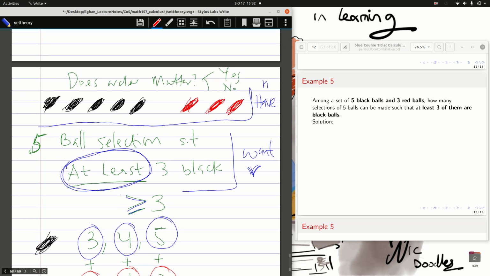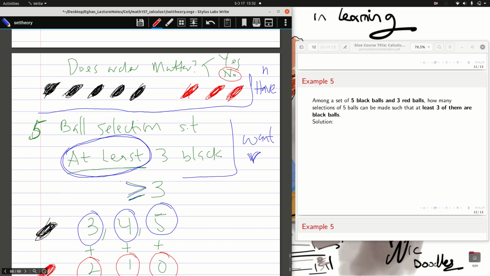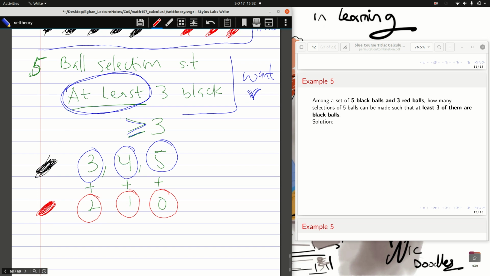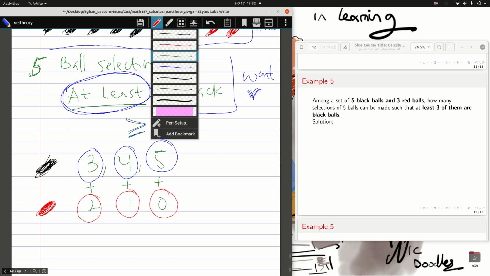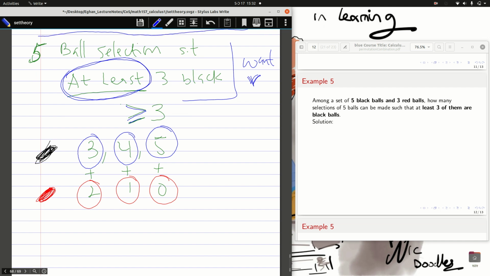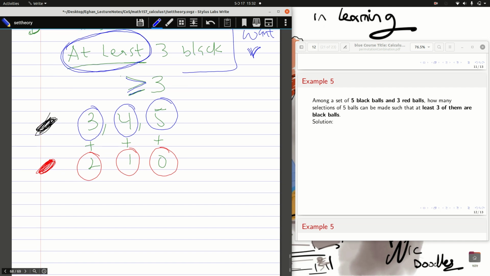Again, does the order matter? No. A big no. I can first select 5 all black, and it means I have no red to have. Or I can select 4 first and then select 1 red in addition. So I can select this first, this second, this third, or I can have this first, this second, this third.